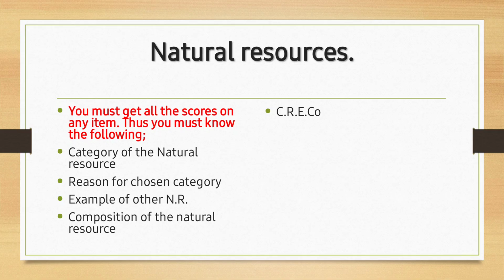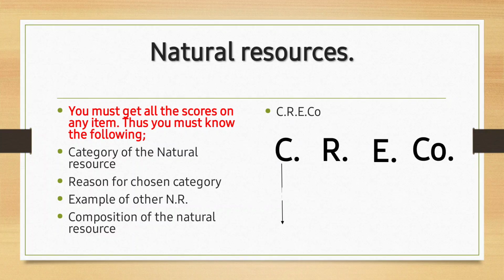And of course, we came up with an abbreviation that can enable us to quickly understand natural resources. That was CRECO. What does each of these letters represent? C represents the category.